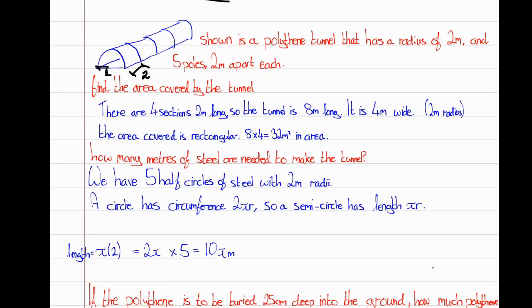So we have a half circle. A regular circle has the circumference of 2 pi r, so obviously a half circle is going to have length pi times r. So the length of each single pole is going to be pi times the radius, so pi times 2. So we've got 2 pi, and then since we've 5 of them, we need 10 pi meters, which is going to be approximately equal to 31.4 meters.